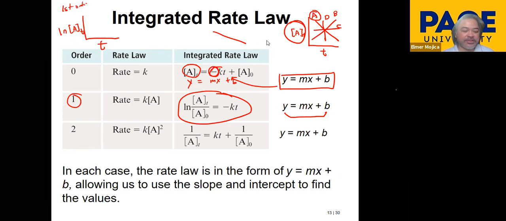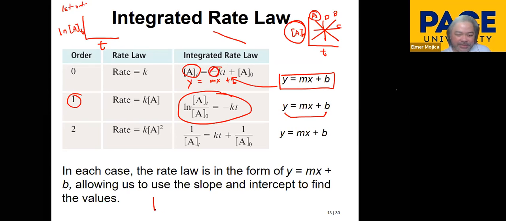These are the type of questions that are usually asked. If you're asked to plot a first order, which will be the plot that looks like it, and then you have different plots, you will be asked, okay, which is the correct plot? Or if I ask you, which is the correct plot for a first order reaction?